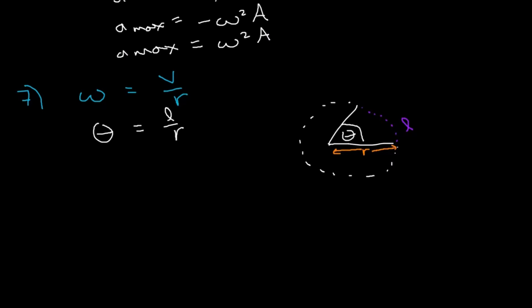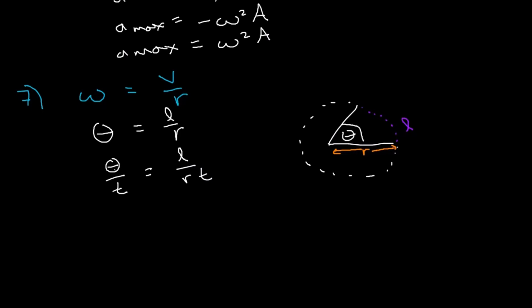So by definition, theta in radians, not degrees, so you have to use radians. Theta in radians is equal to L, which is the arc subtended, over the radius. You divide both sides by T, so you get theta over T is equal to L over RT.